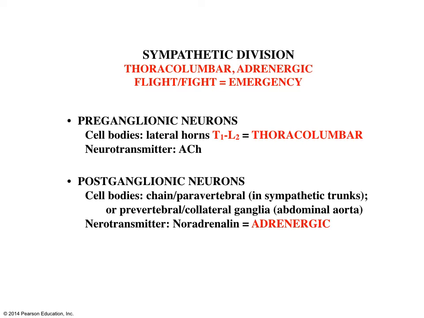In summary, the sympathetic division two-neuron chain is also referred to as thoracolumbar. Why? Cell bodies of the preganglionic neurons are located in lateral horns, spinal cord level, T1 to L2, therefore thoracolumbar.